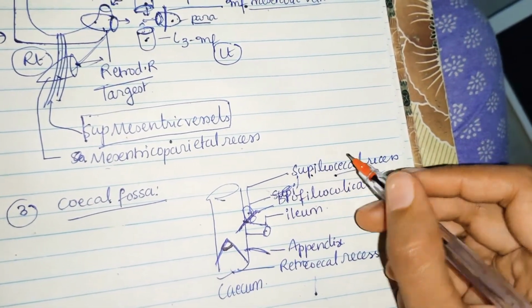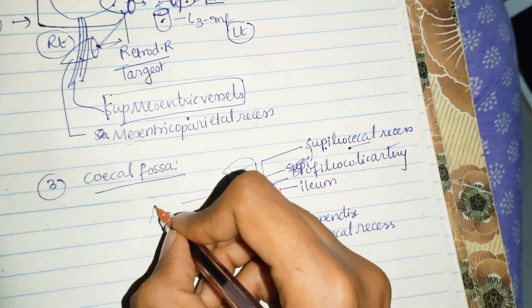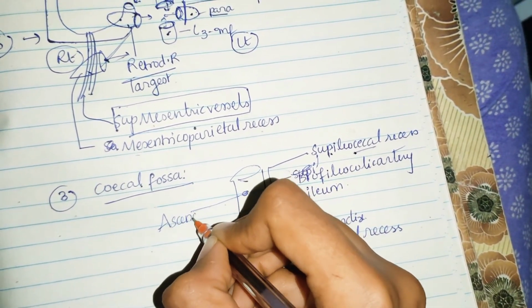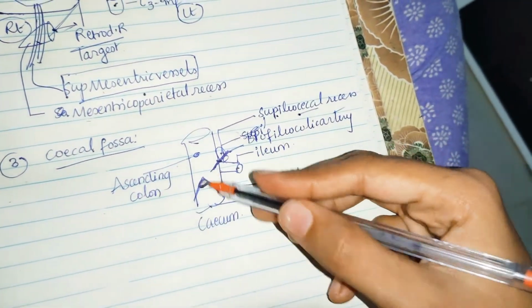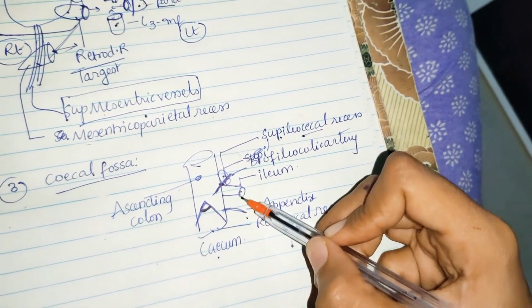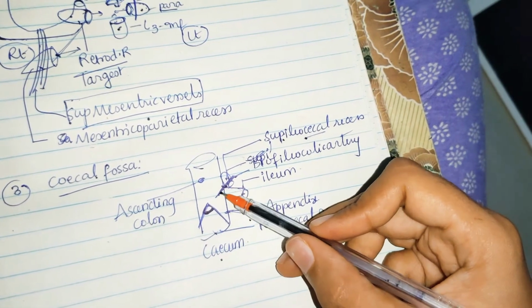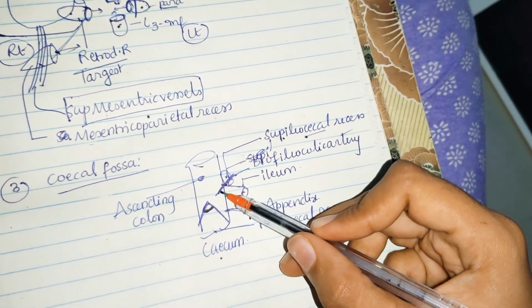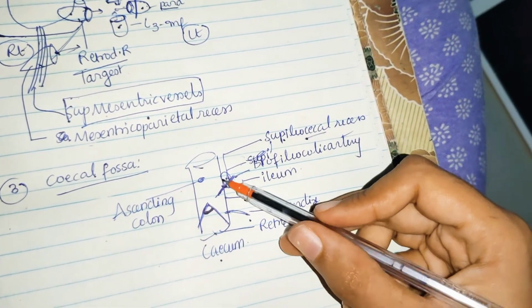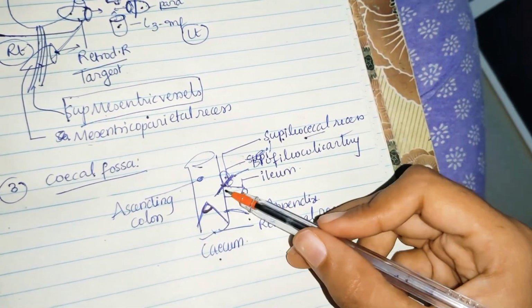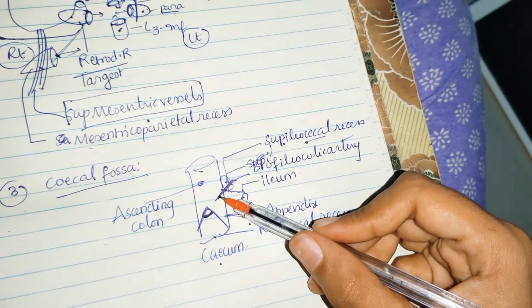What is this structure? This is the ascending colon, this is the cecum, this is the appendix, this is the ileum. Here is a branch of the ileocecal artery. Just above the ileum you have the superior ileocecal recess, which also accommodates the ileocecal artery.